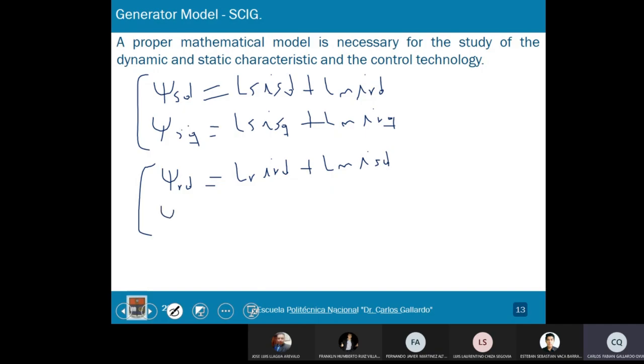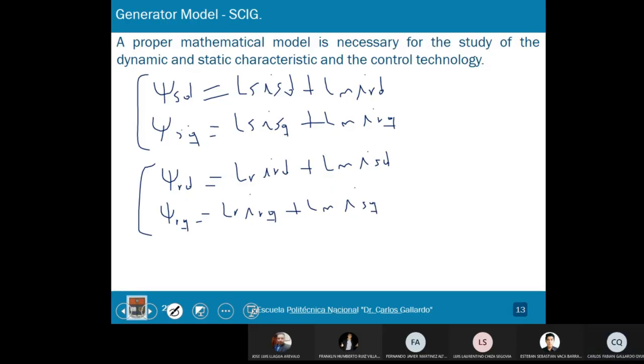And the last component is the quadrature one: the rotor inductance times the rotor current on the quadrature axis plus the magnetizing inductance times the stator current on the quadrature axis.